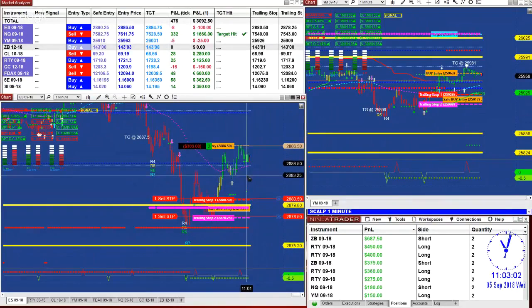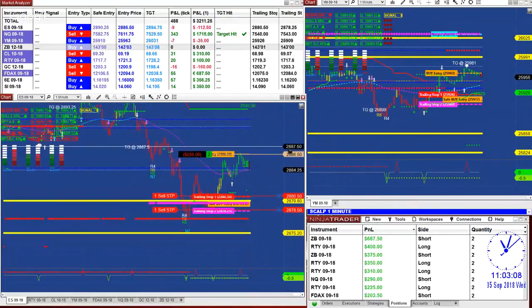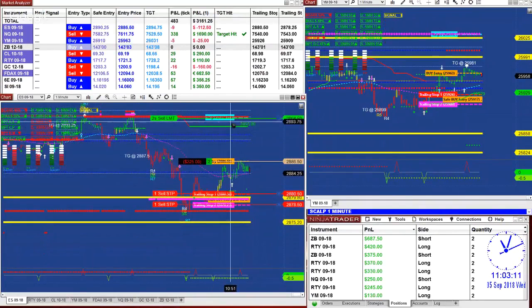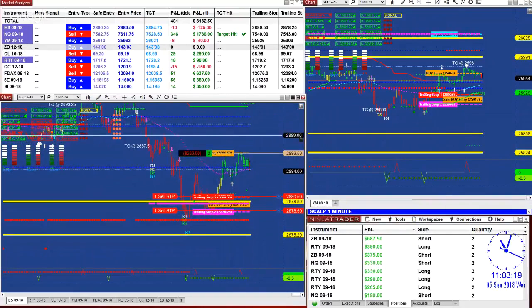Then we level out somewhere around this area here. If this market gets projected, now we are getting a better price, and we're still going to be patiently trying to get the target. Let's watch this market.